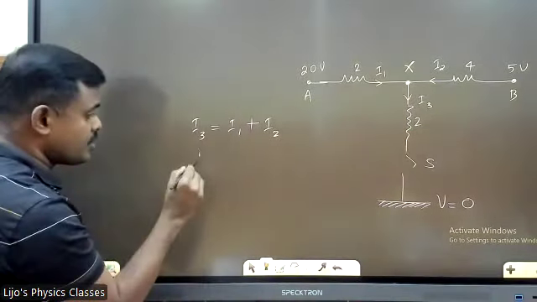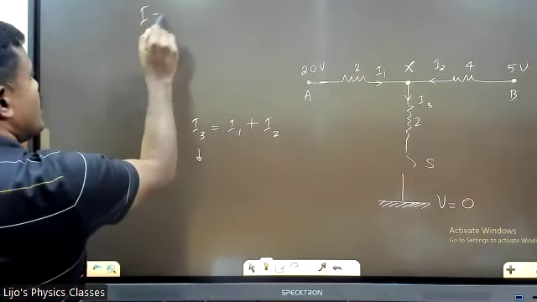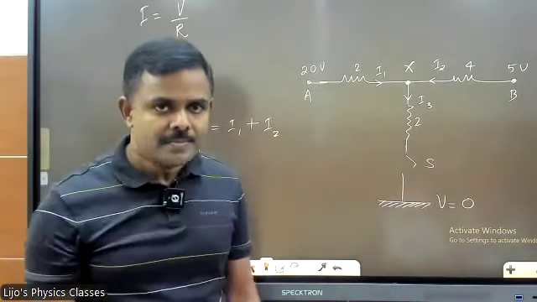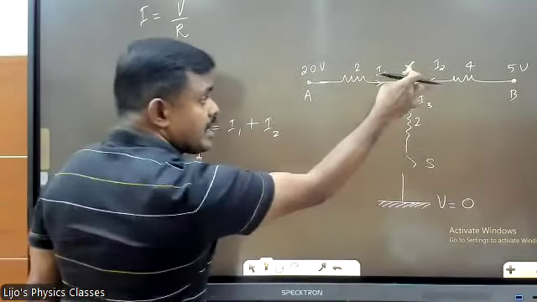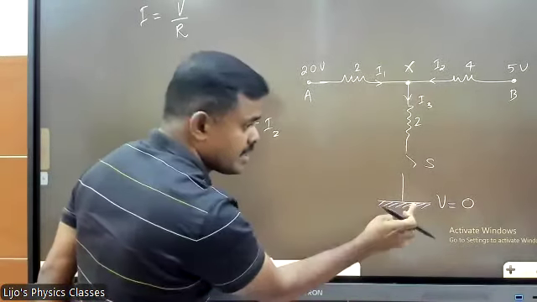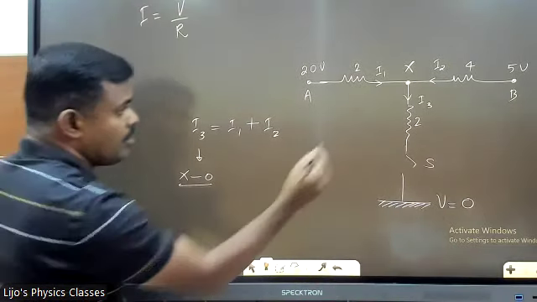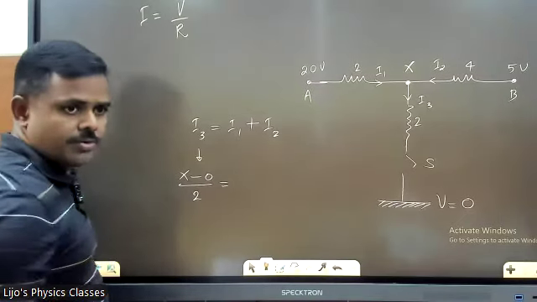How to write current? Current is given by potential difference by resistance. That is what Ohm's law tells you, right? So for this one, can you tell me potential difference? Potential here is X. Potential here is 0. So potential difference is X minus 0 divided by resistance 2 should be equal to.